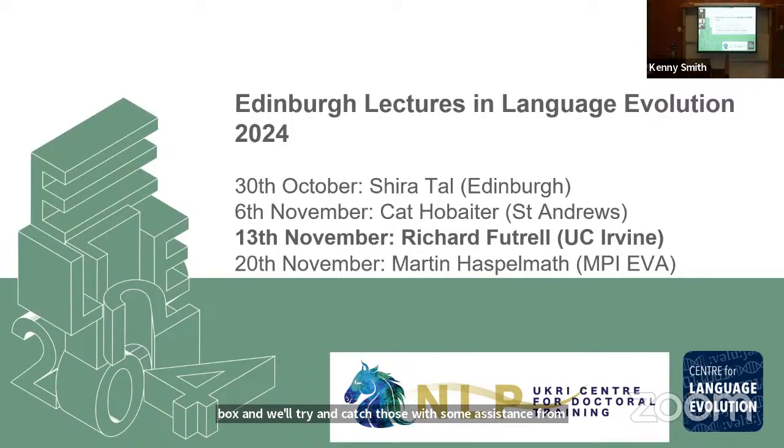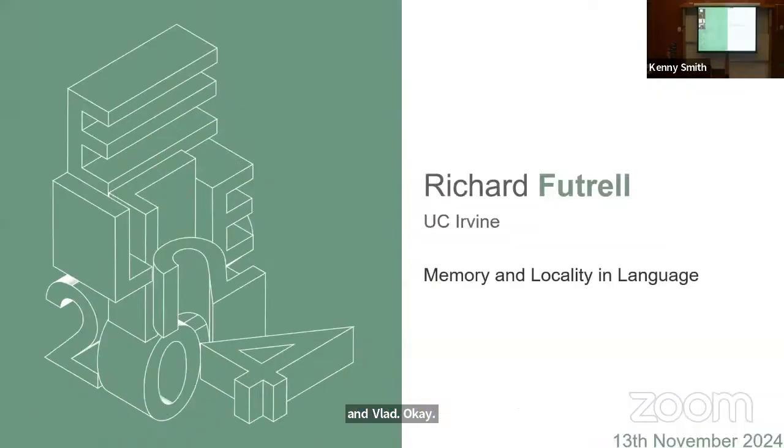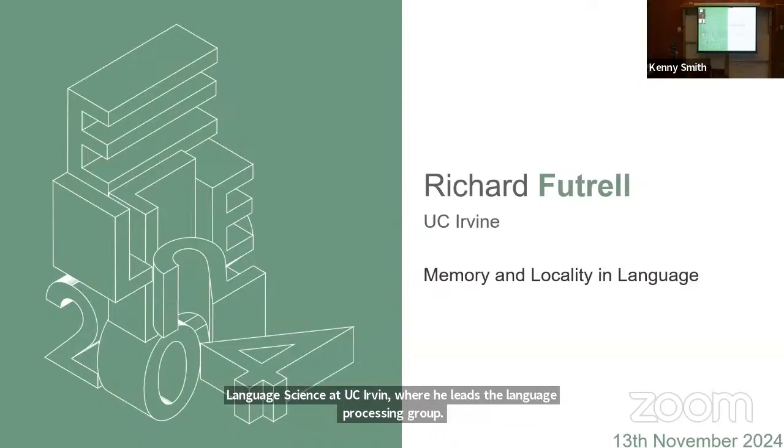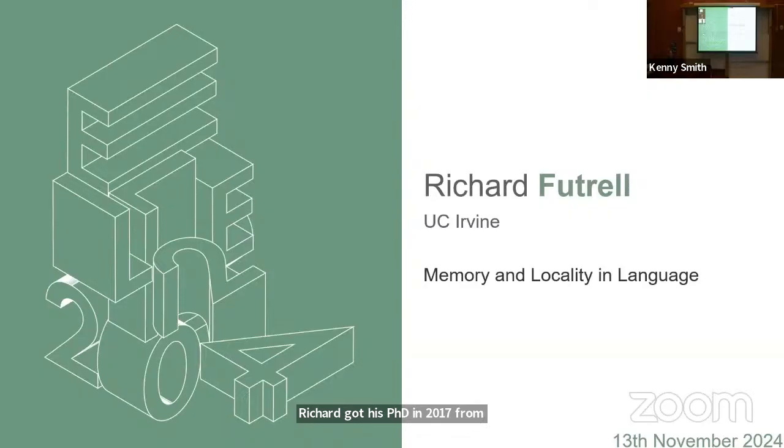Okay, so as I said, our speaker today is Richard Futrell. He is an associate professor in the Department of Language Science at UC Irvine, where he leads the language processing group. Richard got his PhD in 2017 from MIT, working with Ted Gibson and Roger Levy. He applies information theory to natural language, using it to measure things like to what extent natural languages are redundant, to what extent their grammars embody factors that make them more efficient to process or better for efficient communication.